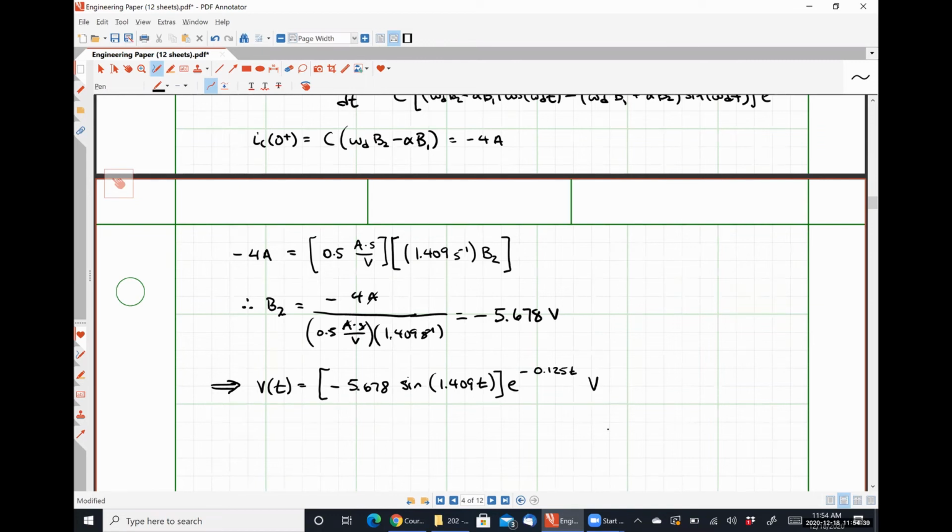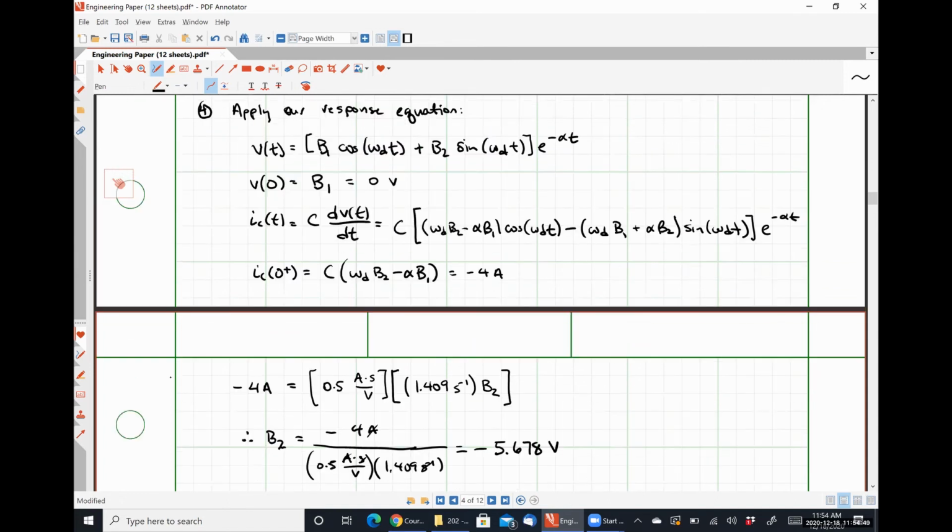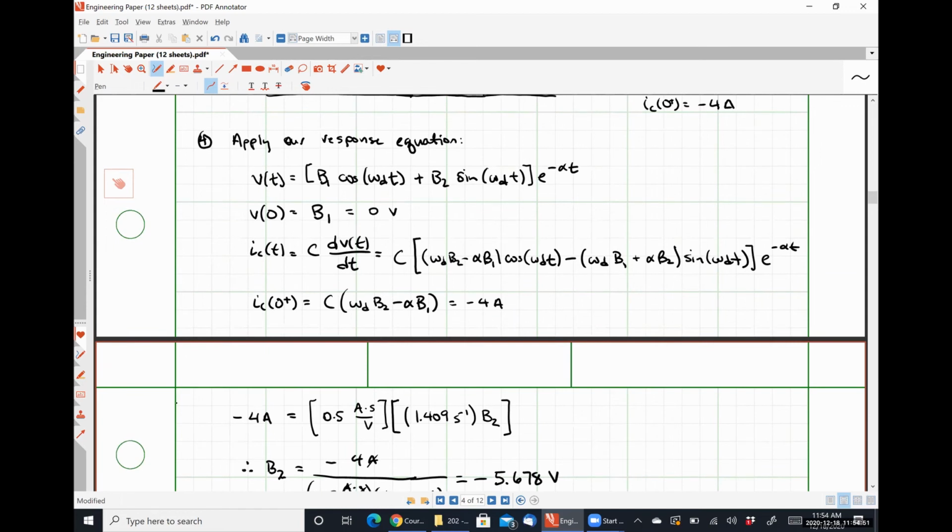Because B1 was 0, we shouldn't get a cosine term. I want to be very clear about the steps I did here, because you are going to be repeating them ad nauseum.